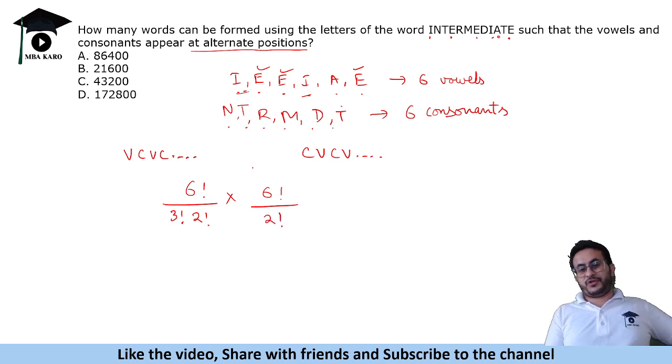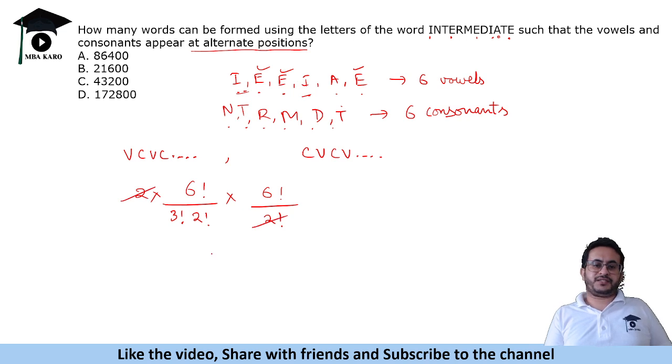So this is the number of arrangements, and we saw that we can have 2 arrangements, like vowel and consonants and consonant and vowels. So we will multiply by 2 because these are arrangements of vowels, these are arrangements of consonants, and they can be arranged among themselves in 2 ways. So 2 will get cancelled out.